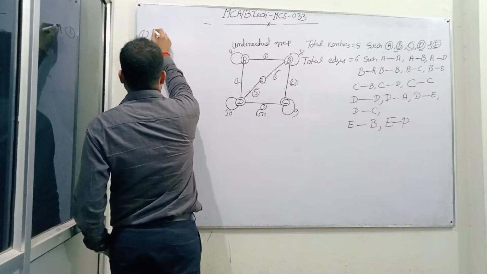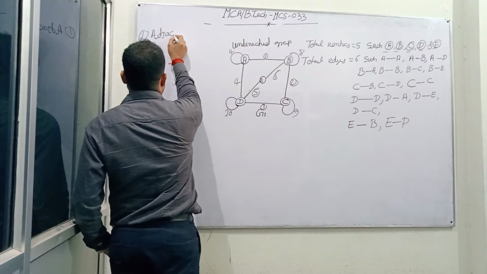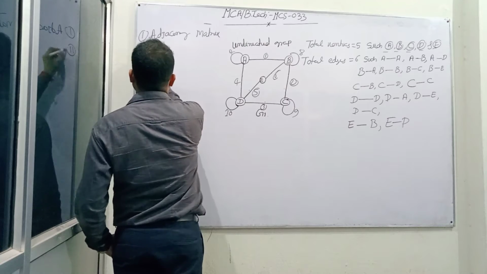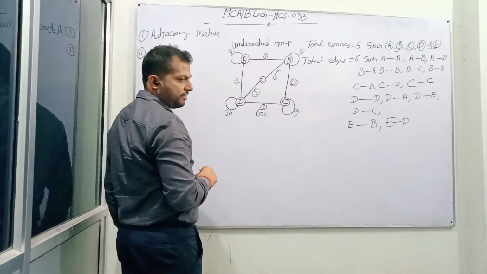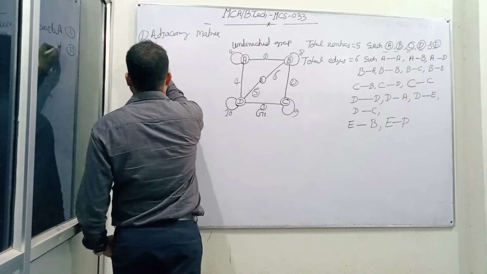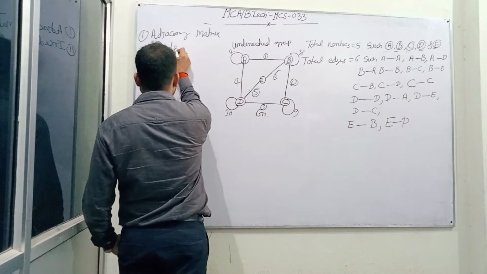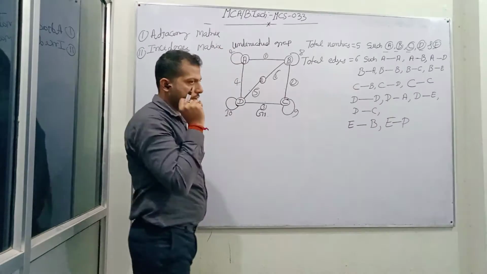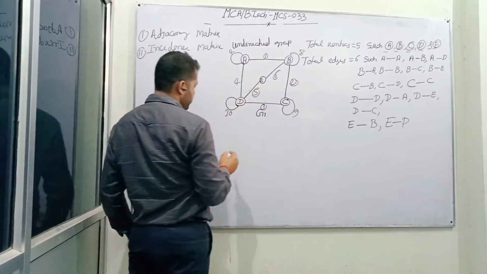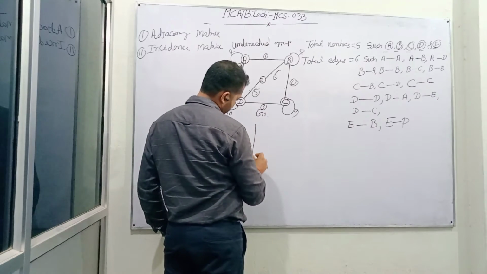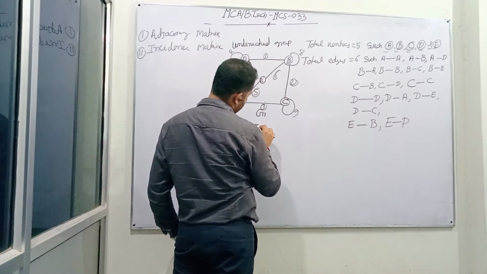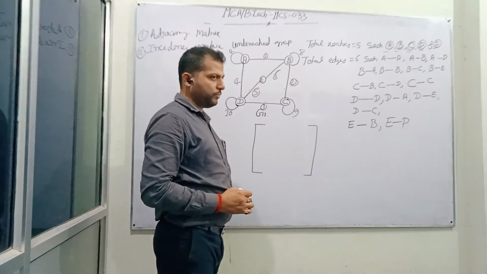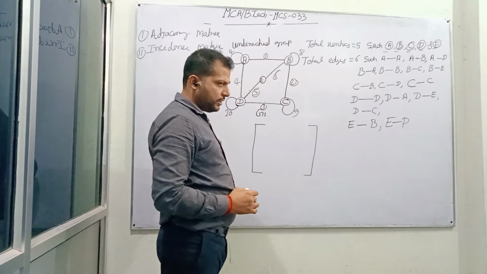First is the adjacency matrix, and second is the incidence matrix, right class? Yes sir, incidence matrix. Do not confuse it with the 12th class matrix concept, this is for graphs. So here we will construct like this. I have already discussed how we can place the vertices.